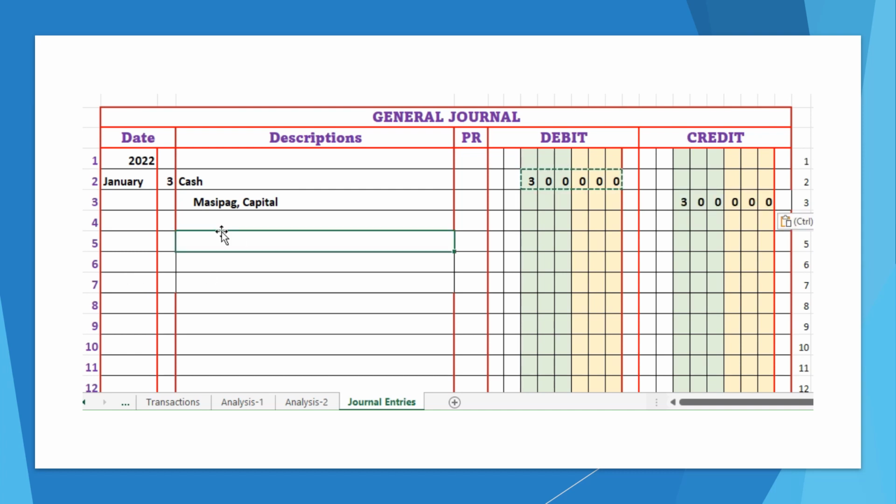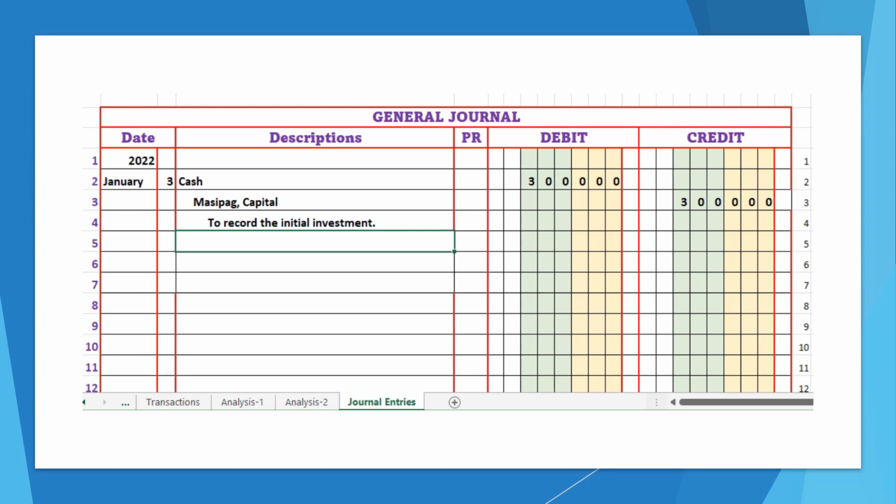And then our explanation would be 1, 2, 3, 4, 5, 6, 7, 8, 9, 10. So, to record the initial investment.